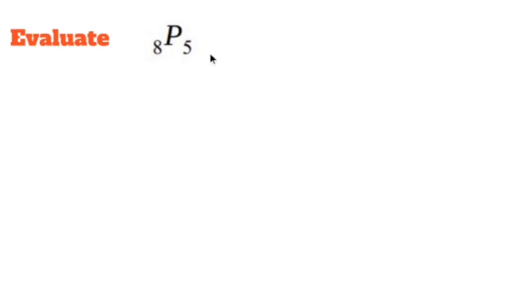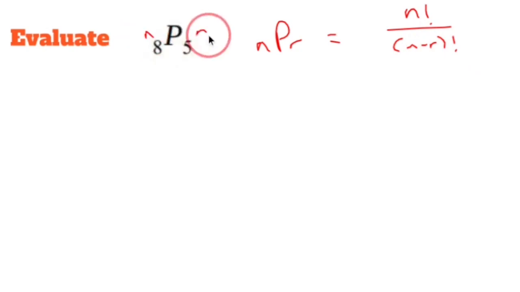The permutation formula is, if you're given, and let me actually write it all out, if you have nPr, National Public Radio, nPr is n factorial over (n minus r) factorial. So this is my n, this is my r.